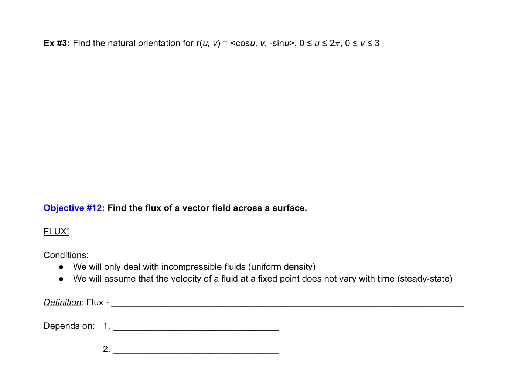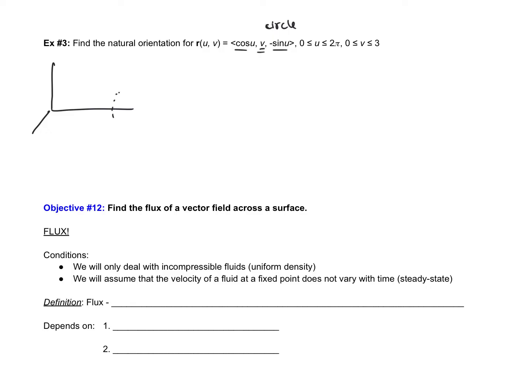So here's our example. Find the natural orientation for r of u, v equals cosine of u, comma v, comma negative sine of u. Okay, so first thing I want to talk about is, what does this look like? Maybe you already know, maybe you recognize this. Cosine of u, sine of u is going to be a circle moving along the y-axis.